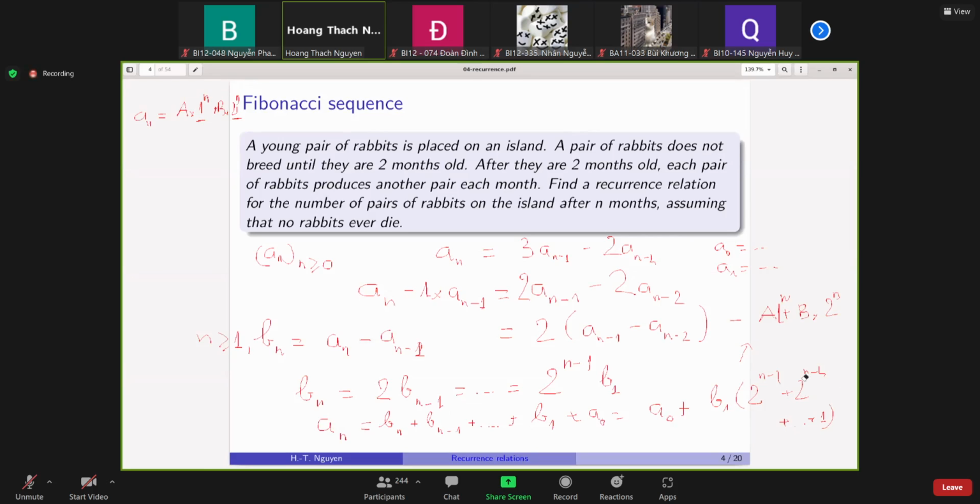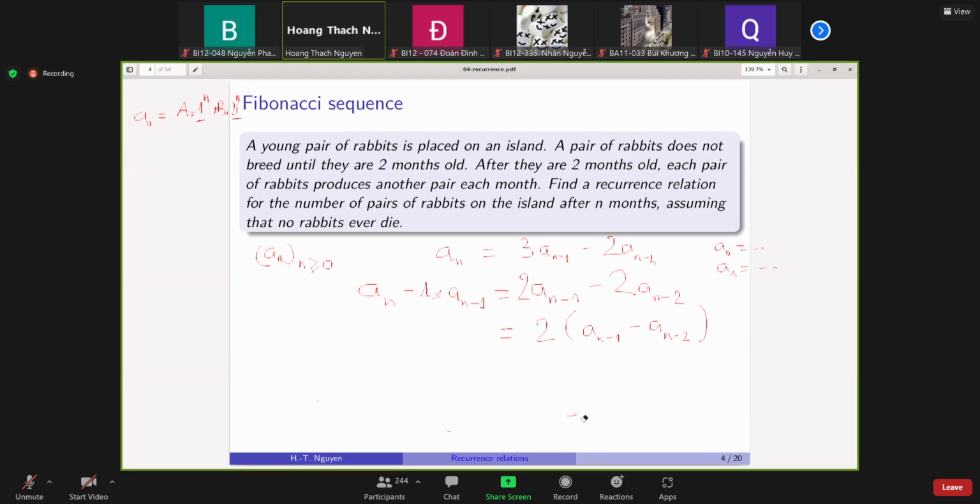So I will erase this. The key observation here is that in this example you can write a_n minus alpha a_{n-1} equal to beta times (a_{n-1} minus alpha a_{n-2}).